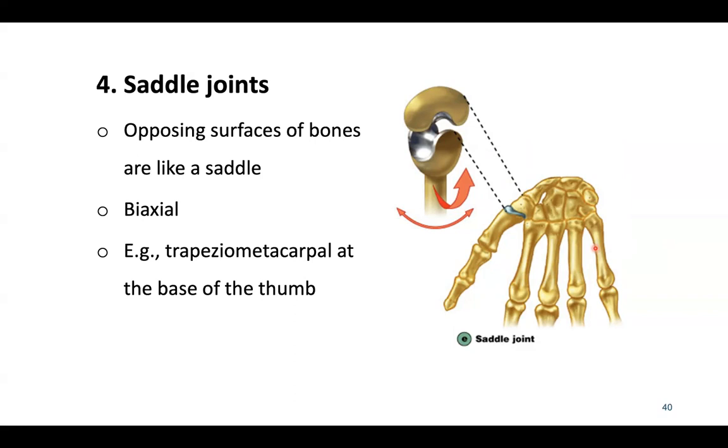For example, the trapezio-metacarpal joint at the base of the thumb, which means the joint between the trapezium and the first metacarpal, is a saddle joint. The joint between clavicle and sternum, the sternoclavicular joint, is also an example. Like condyloid, saddle joints are biaxial joints.